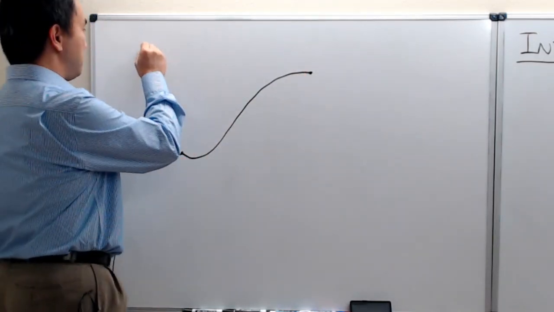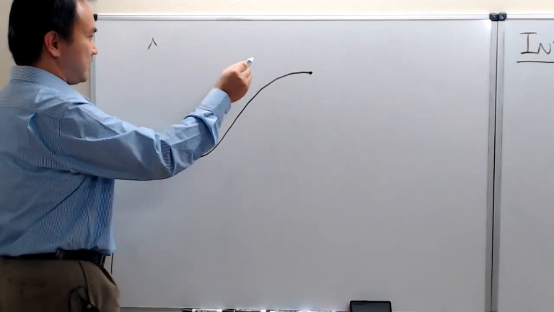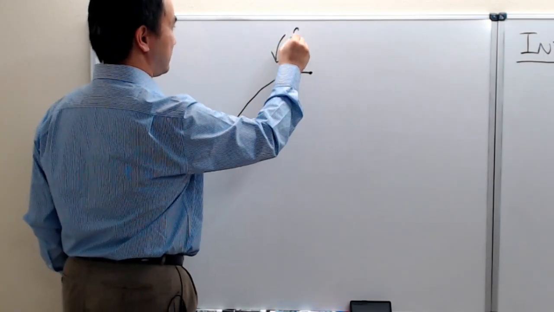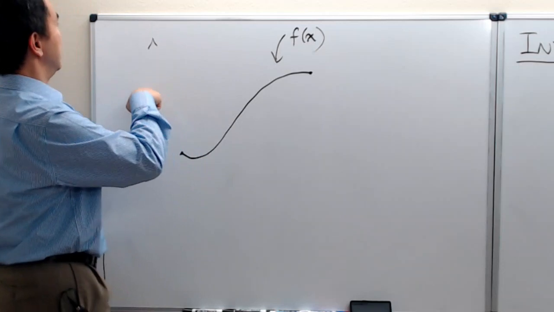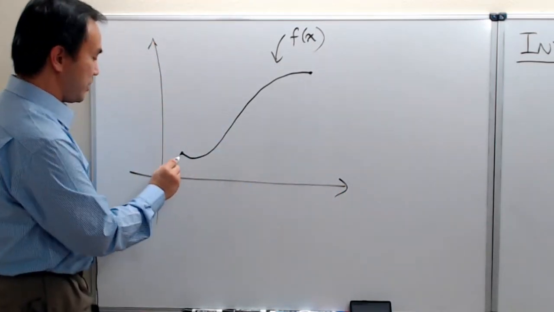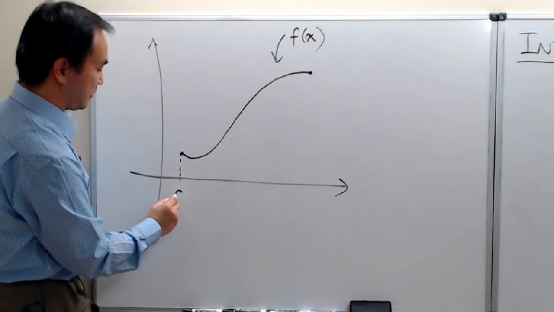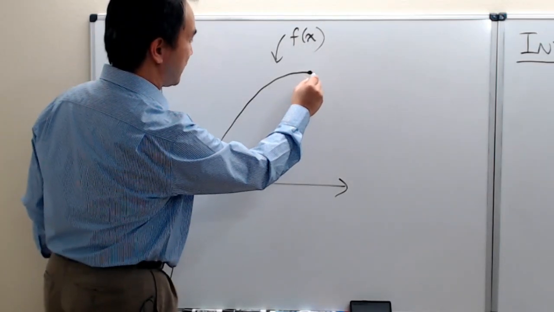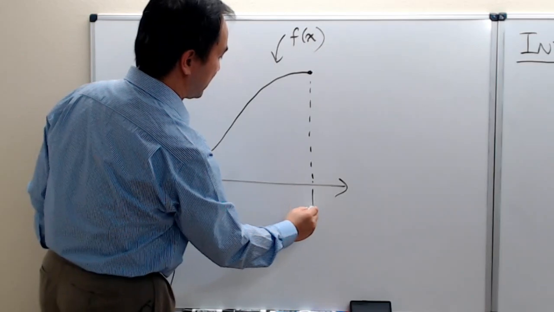Let's say here's some portion of the graph of some function f of x, and I'm going to restrict the graph of the function to an interval from a to b.